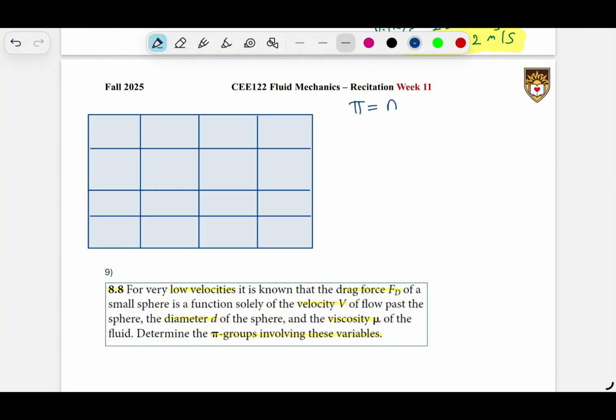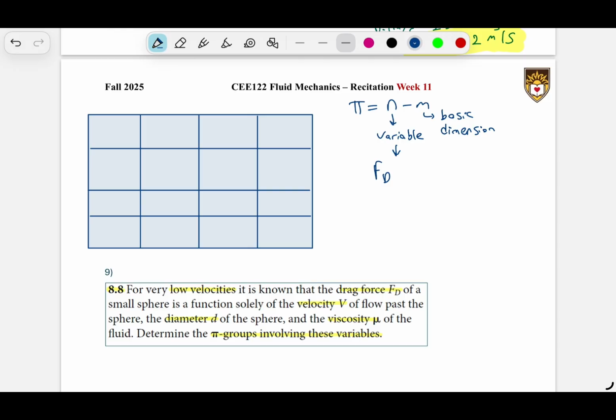So it will be n minus m. Here n means the number of dimensional variables, and m means the number of basic dimensions. So let me first find the variables we have.